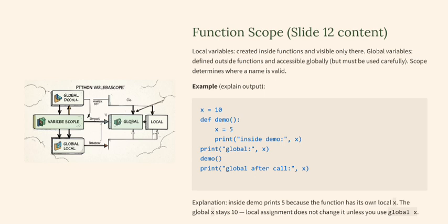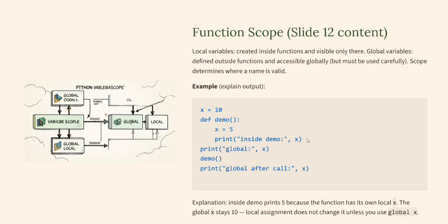So, understanding scope example. Let's see the execution flow. First, x is equal to 10. Python creates a global variable. Then we define the function demo. Inside demo, x is equal to 5. This creates a local variable. When demo executes, print inside demo, comma x.